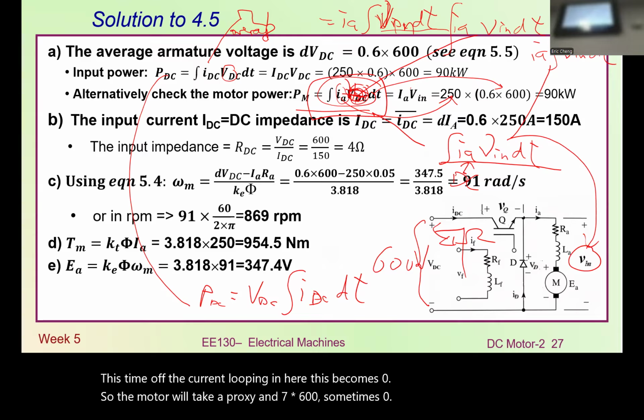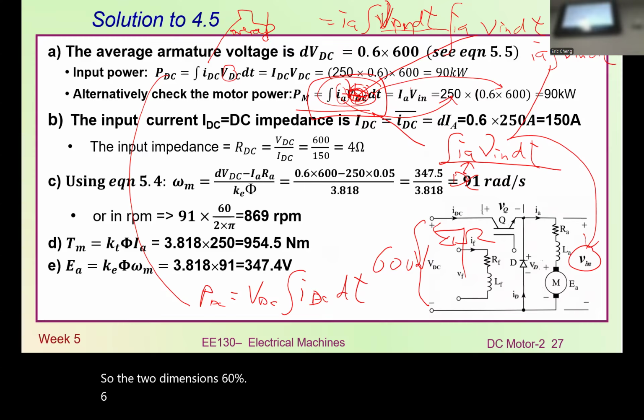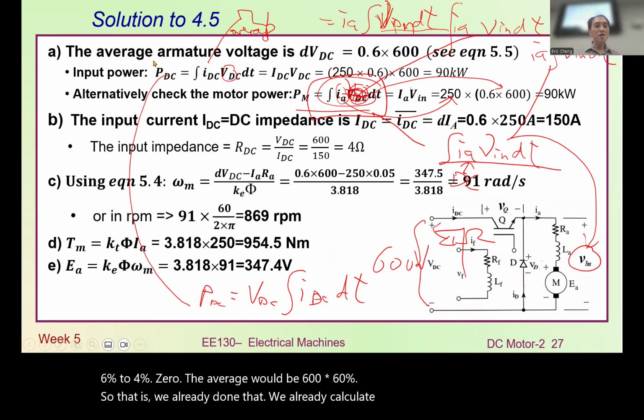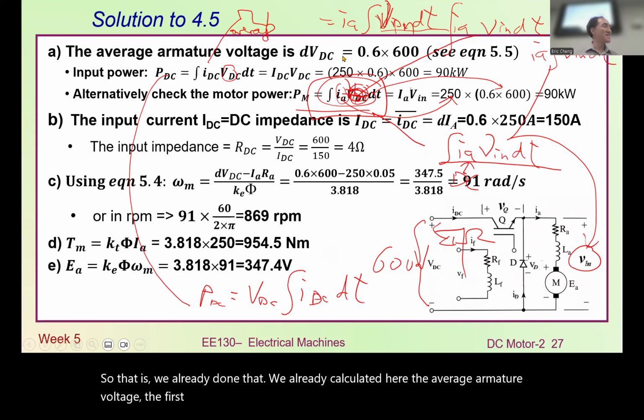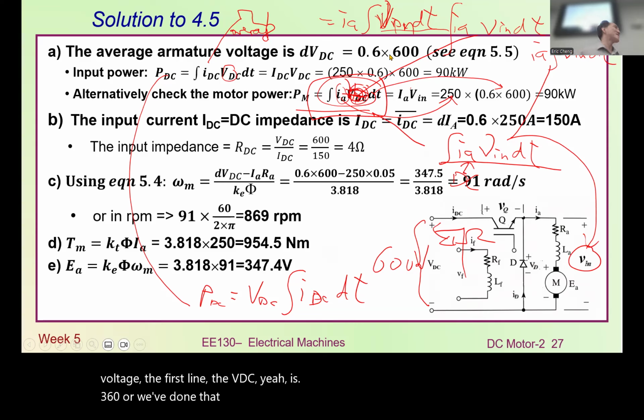The duty ratio is 60% at 600 and 40% at 0, so the average will be 600 multiplied by 60%. We already calculated that in here, the average armature voltage in the first line, VDC here is 360. We did that already, but that didn't say too much.